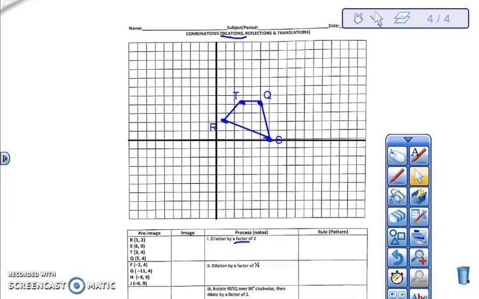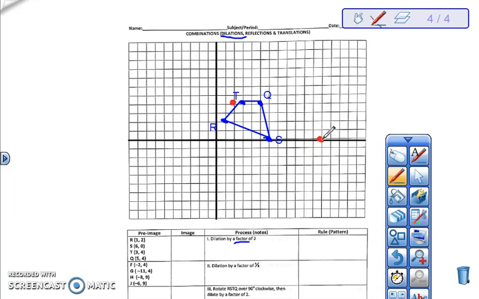RTQS by a factor of 2, I'm just going to take all of the points and double them, make them twice as big. So if R is at 1, 2, and I double it, the new value of R is going to be at 2, 4. If I take S, which is at 6, 0, and I double it, it's now at 12, 0.